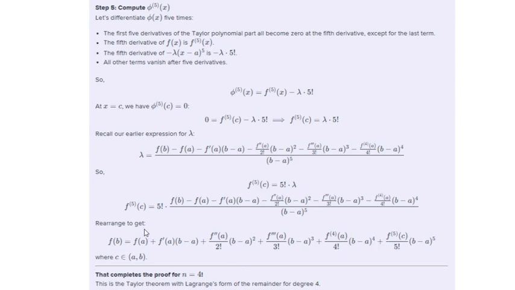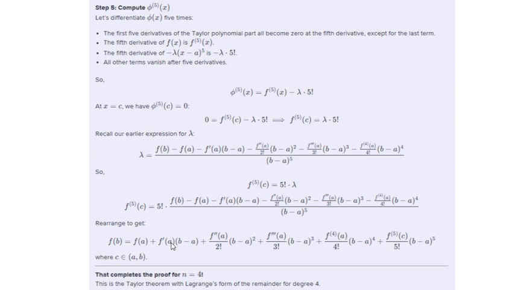What we conclude is that f of b is equal to P3 plus R3, or P4 plus R4. Like that we can stop at any term. You can simply say f of b is equal to f of a plus f dash of c into b minus a; that is what the mean value theorem tells.